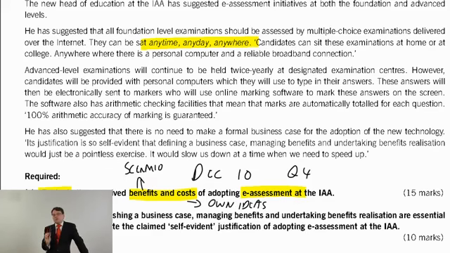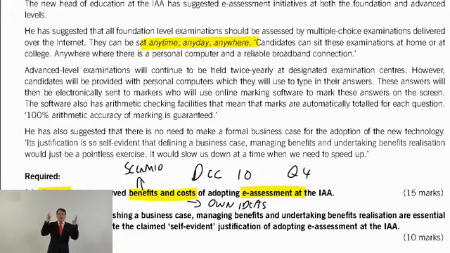It does not say, write an essay about why e-assessment might be good. It says, what are the benefits to this organisation? What are the likely costs for this organisation? And if you remember right back at the very beginning, in the introduction to the paper, we hadn't even got as far as chapter 1, I said to you, this is a thinking paper.